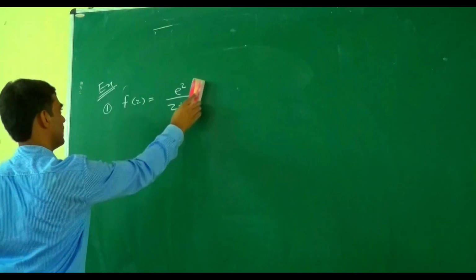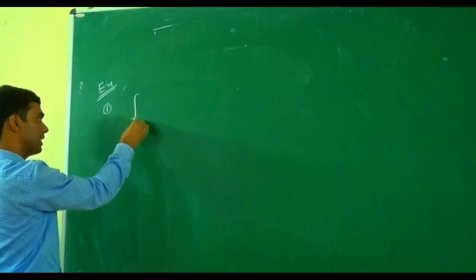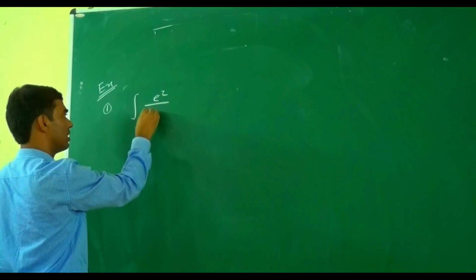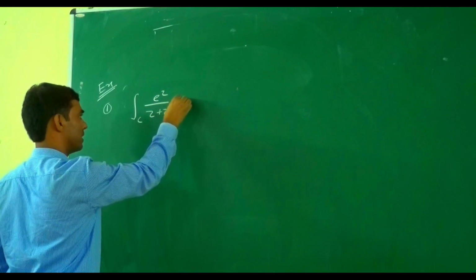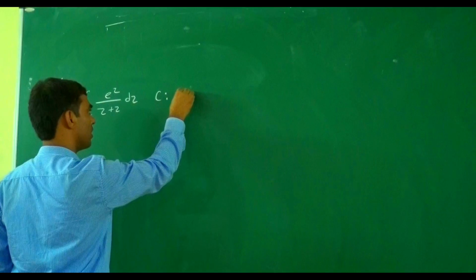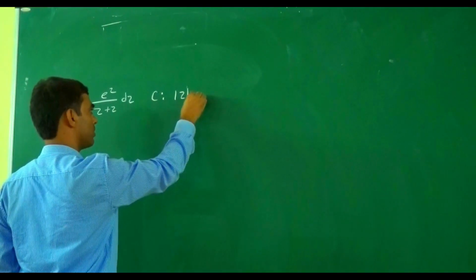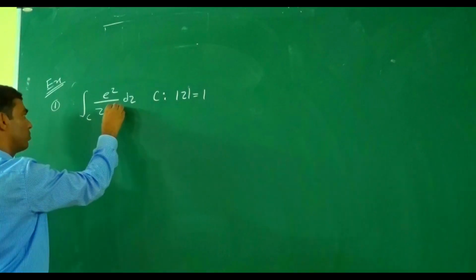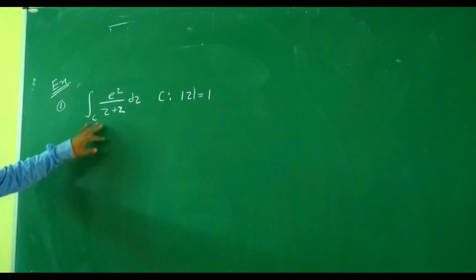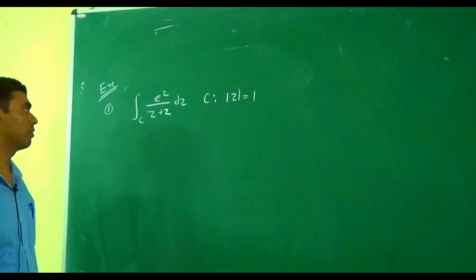We will be writing them in the form of integrals. Example one: the integral over C of e to the power z upon z plus 2, dz, where C is a circle such that mod z equals 1. Find the value of this integral if C is mod z equals 1.